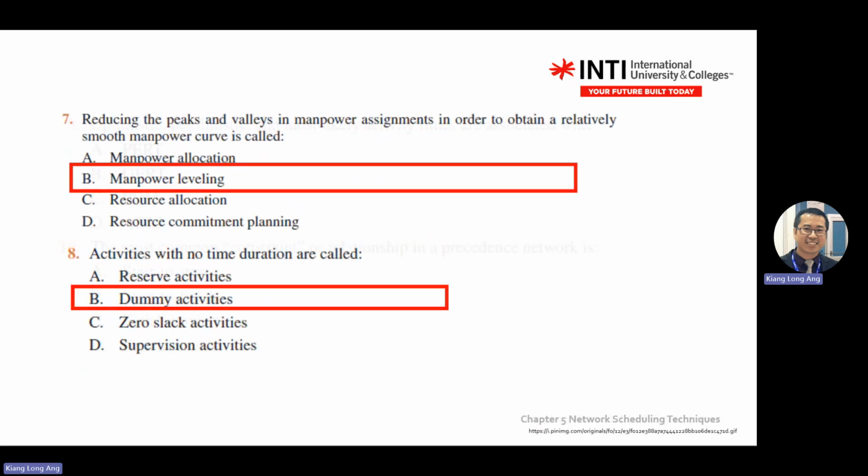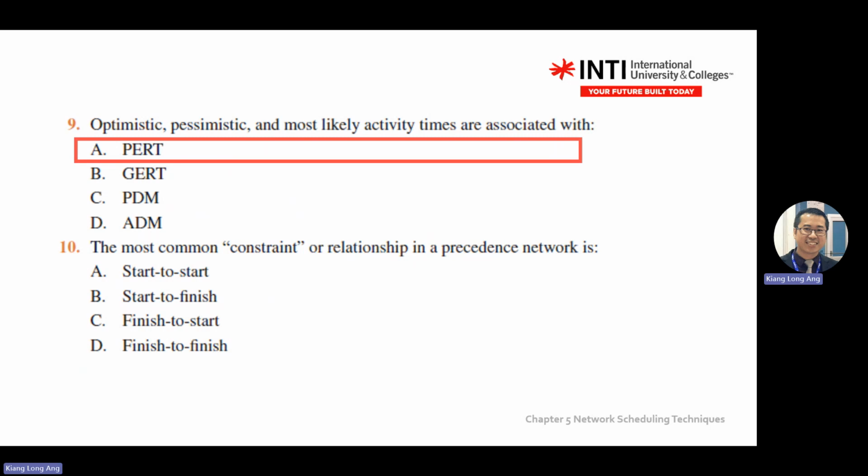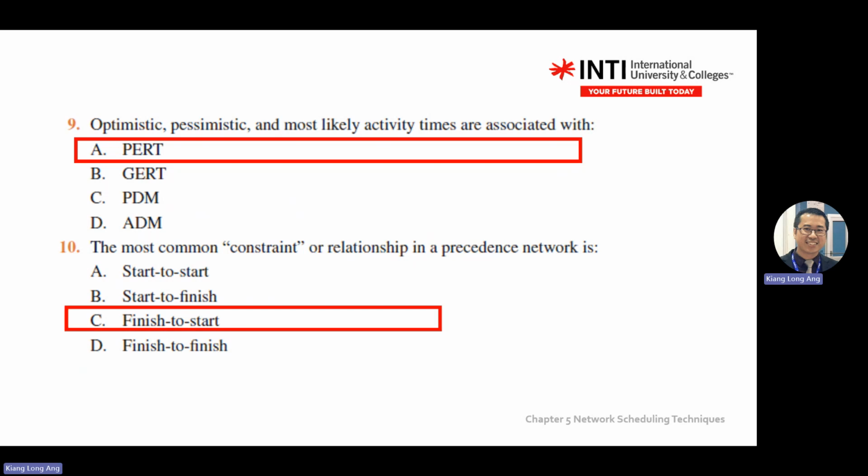Okay, number 9. Optimistic, pessimistic, most likely activity time associated with PERT. Which commonly constrain relationship in proceeding network? This one is finish to start. You always finish to start.